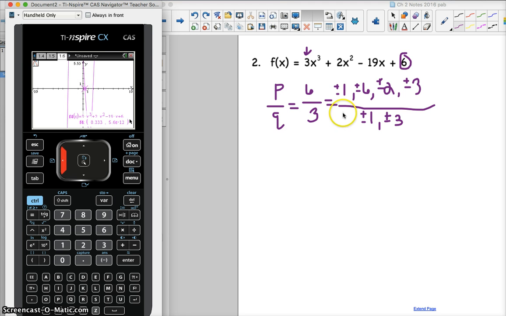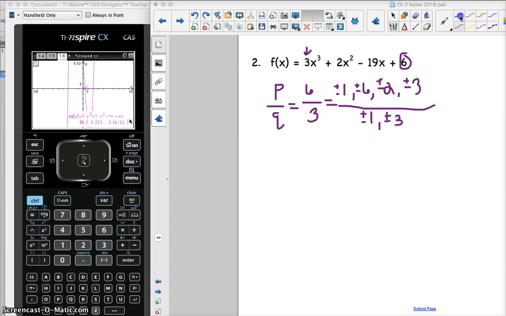So right now I have negative 3. I have positive 1/3, and then the final root looks like positive 2, and let's double check that.